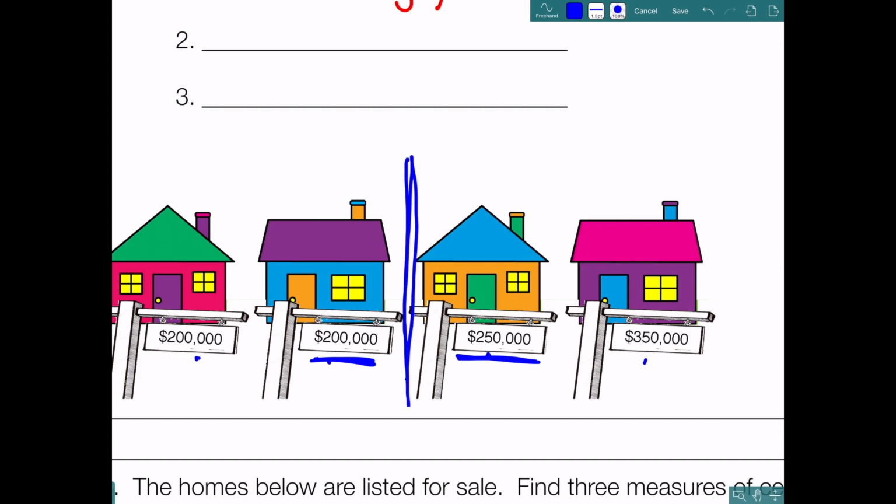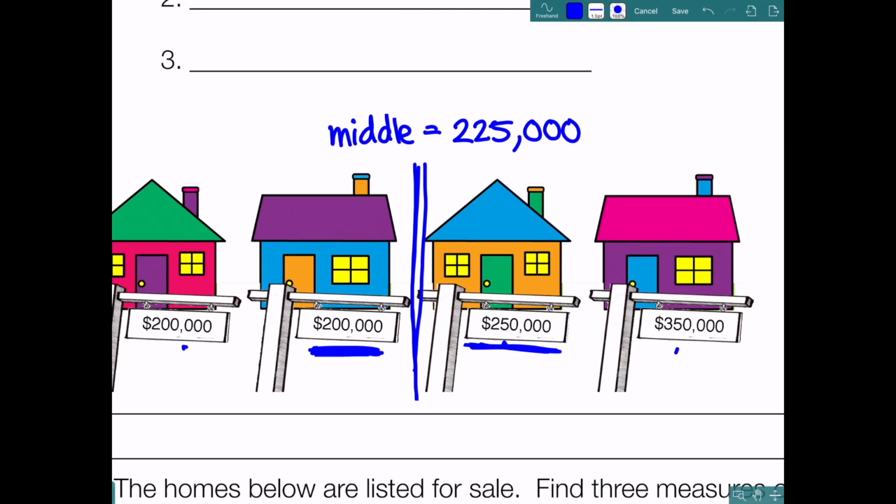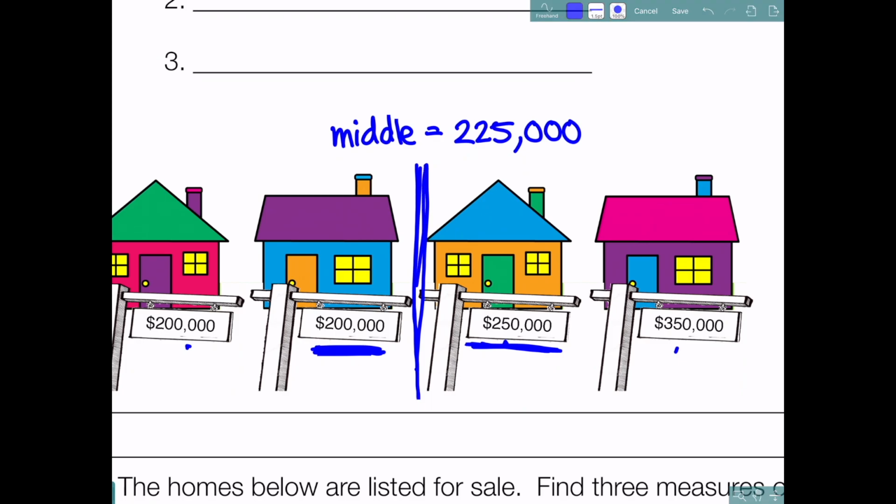You can add up the two houses and divide by 2, or if you can do this in your head, the value halfway between 200,000 and 250,000 is 225,000. So write down middle equals $225,000, because 225,000 comes halfway in between 200,000 and 250,000.